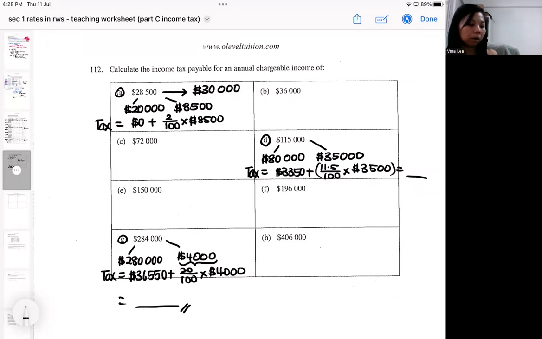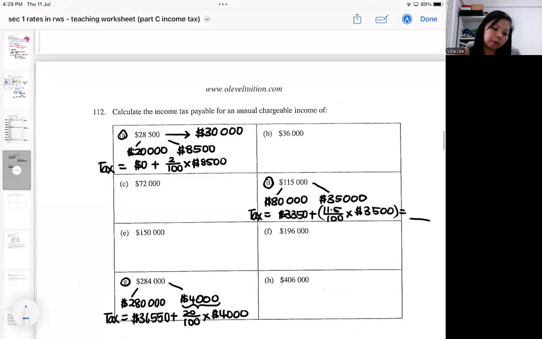Okay, so you always choose a bracket that is nearest to the chargeable income. You must choose the bracket that is higher than the chargeable income.